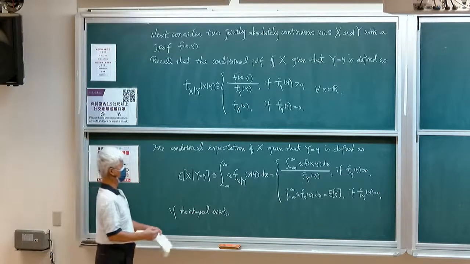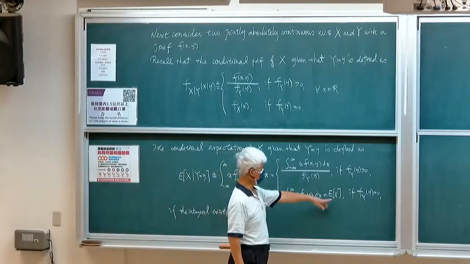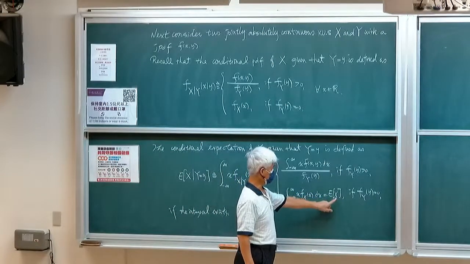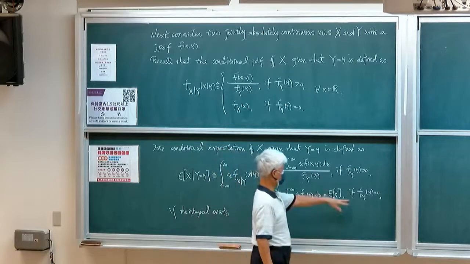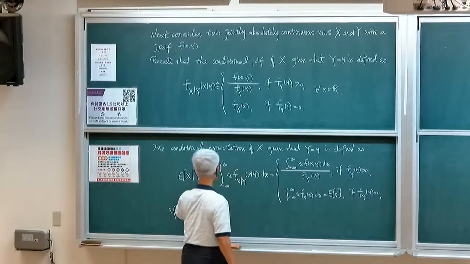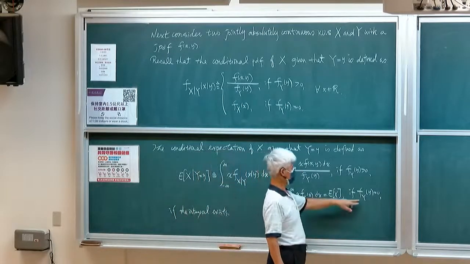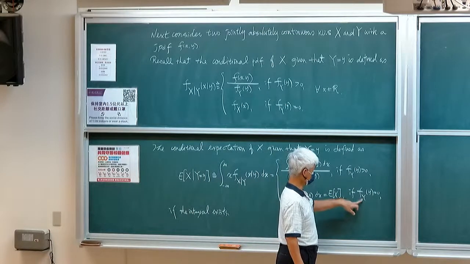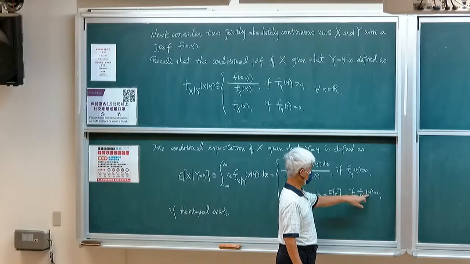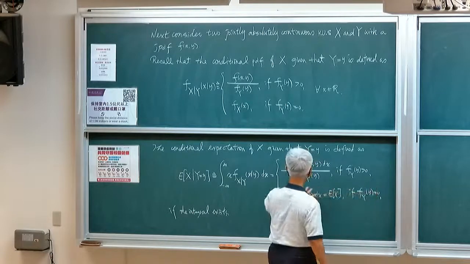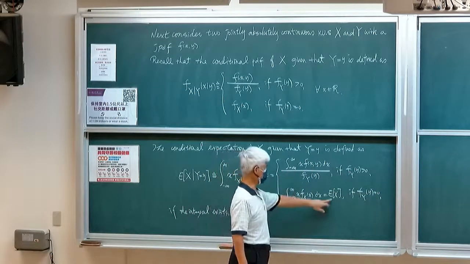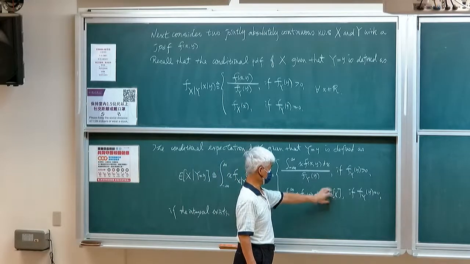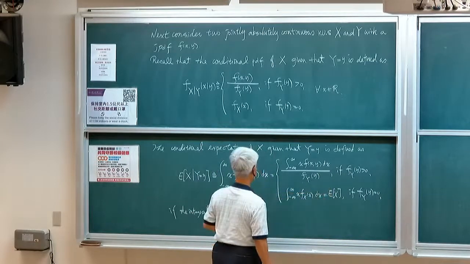For example, if a random variable X has finite expectation, then of course, for each little y such that the marginal PDF of random variable Y at little y equals 0, this conditional expectation is, by definition, equal to the unconditional expectation of X, so it exists.